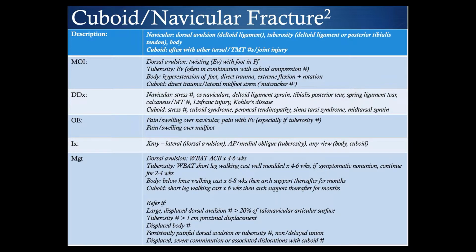distinct entities. In particular, navicular fractures can be described as dorsal avulsions or avulsions of the tuberosity and fractures of the body. Cuboid fractures are often associated with other injuries as well, the tarsal metatarsal joint and metatarsals as well.